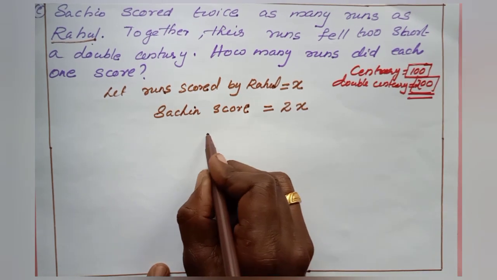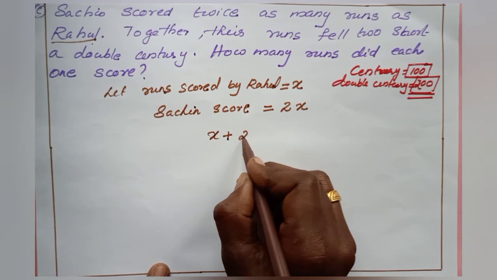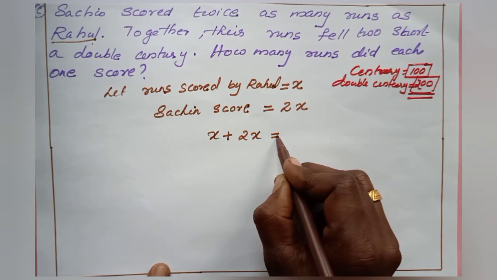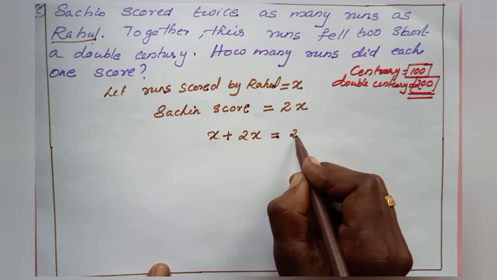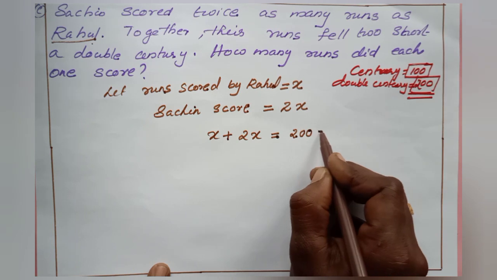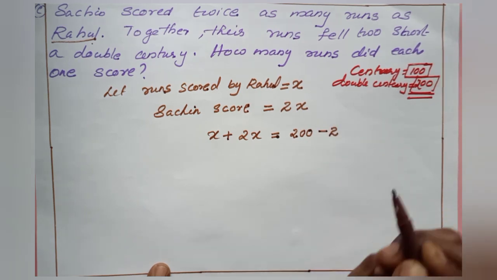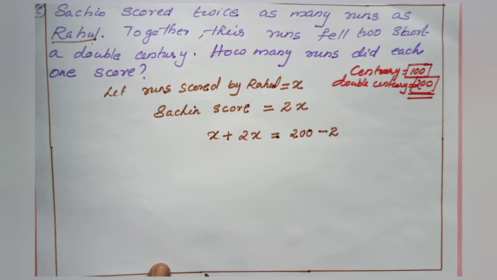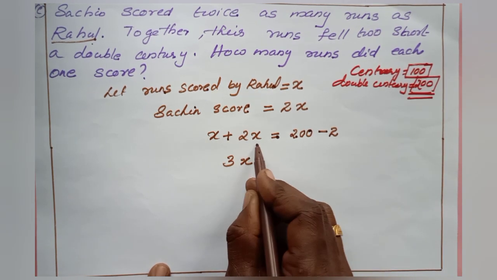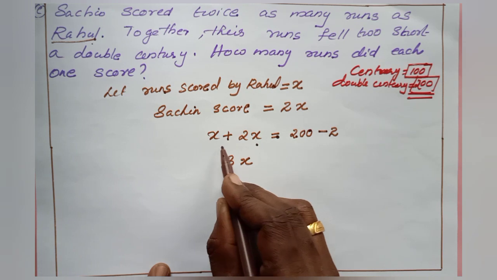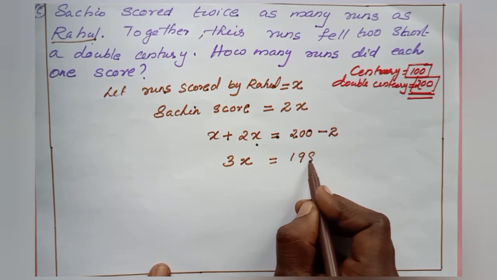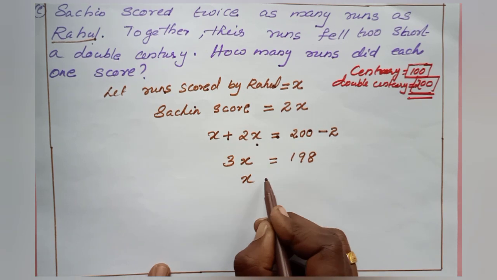So together runs is x plus 2x, equal to 2 short of the double century. Double century is 200, 2 short means minus 2. So x plus 2x, that is 3x, equals 198.